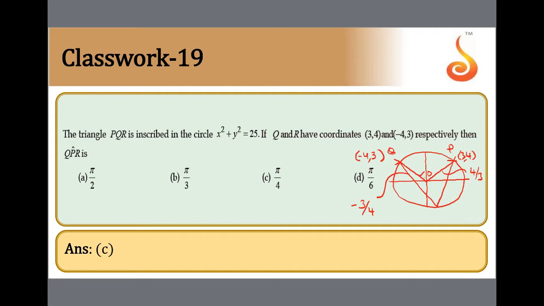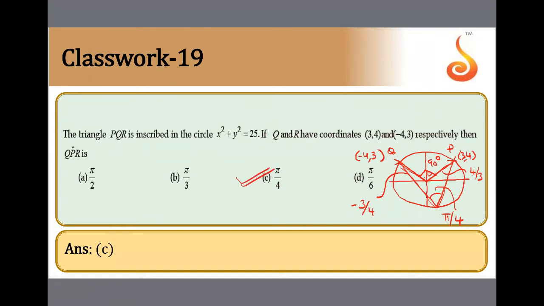It means the angle between them is 90 degrees. You studied in class 10th, the angle made at the center is double the angle made on the circumference. So this angle will be pi by 4.